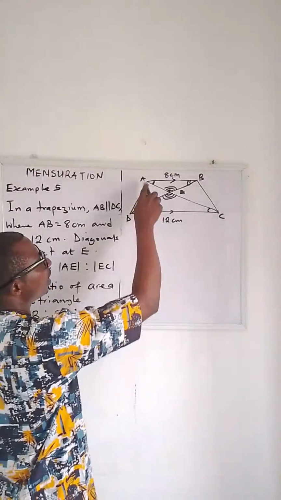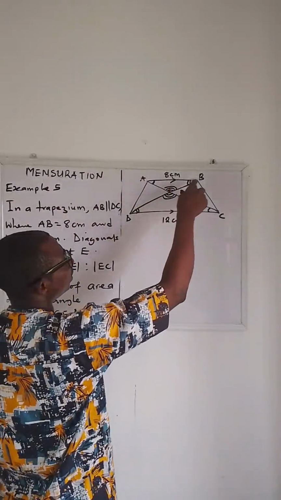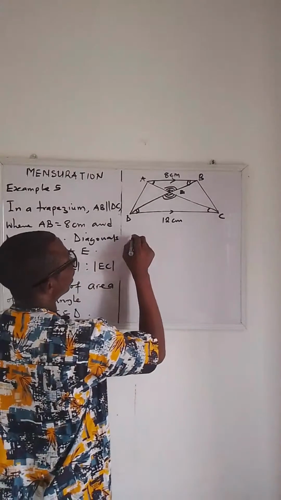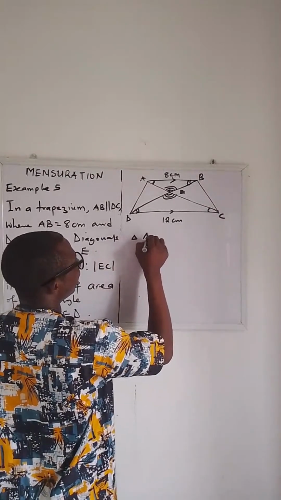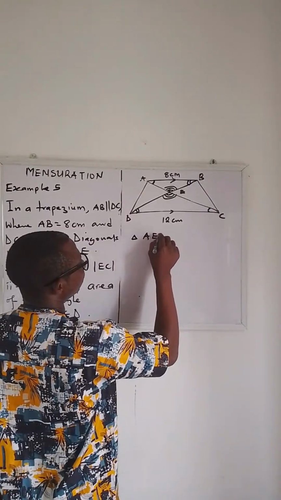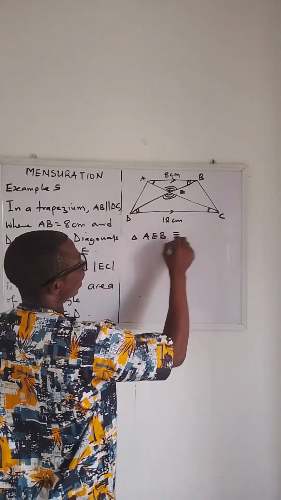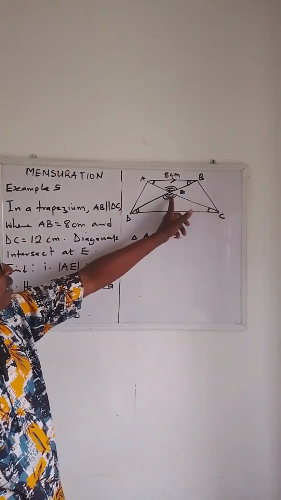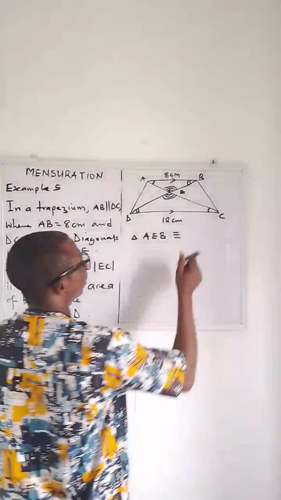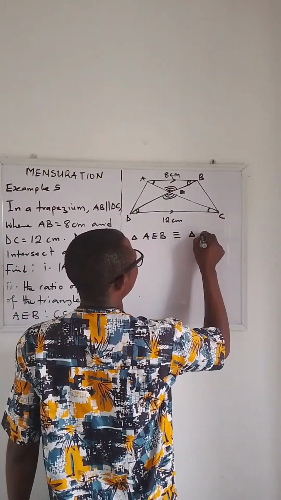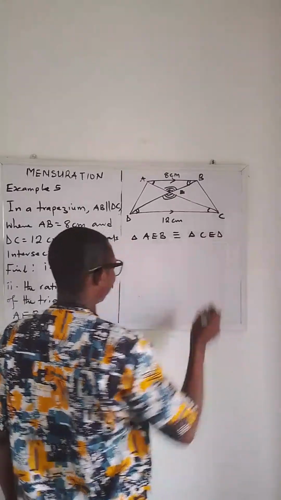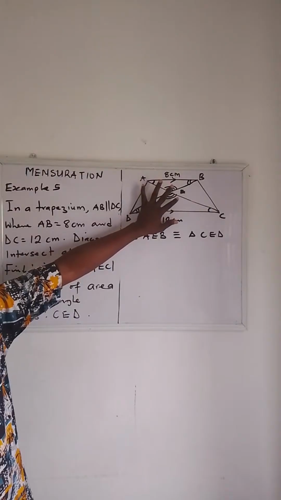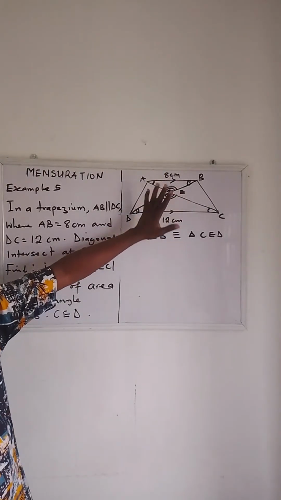We have triangle AEB is similar to, now look at this, triangle CED. All right, so these two triangles are similar to each other. We can see that by angle to angle.